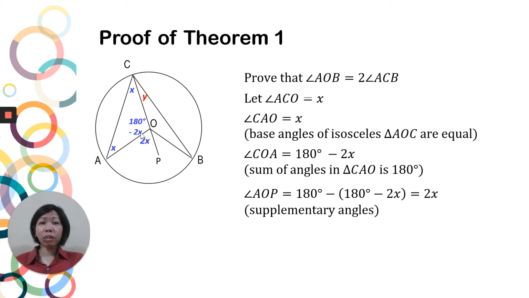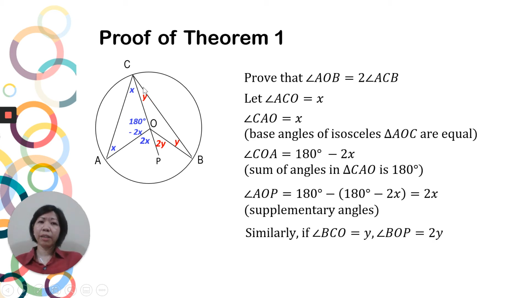I'm not going to write all the details here all over again, but let me just show you that triangle COB is again an isosceles triangle. So this angle will be equal to y, and angle BOP will be equal to y. Okay. Now, look at this angle AOB. The total size of angle AOB is equal to 2x plus 2y, while the size of angle ACB is equal to x plus y.